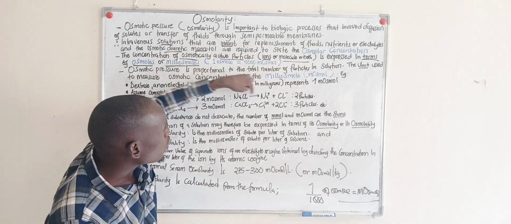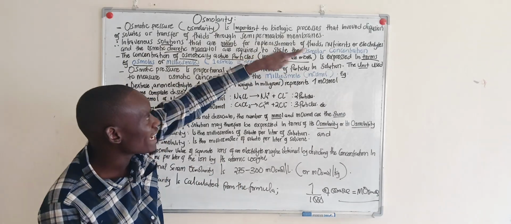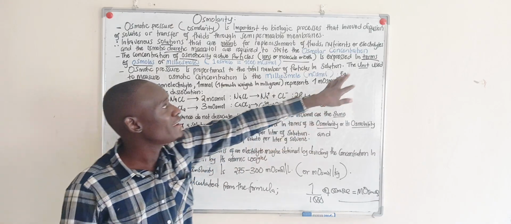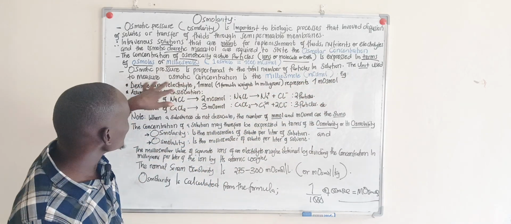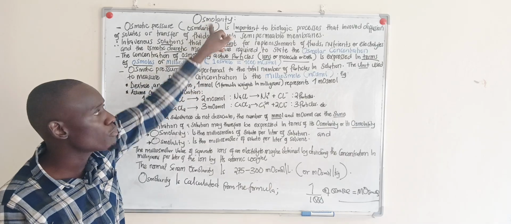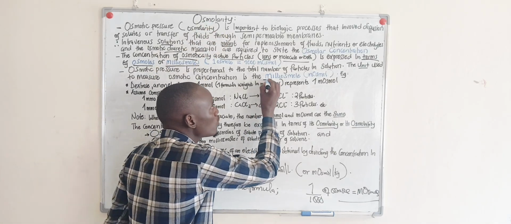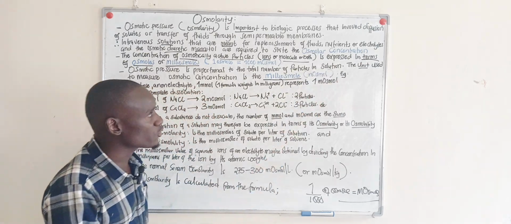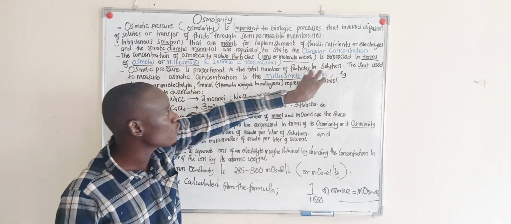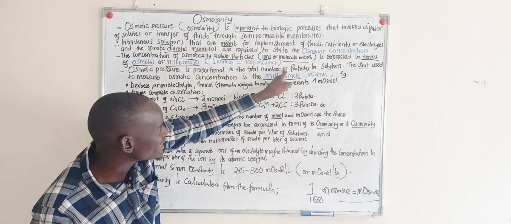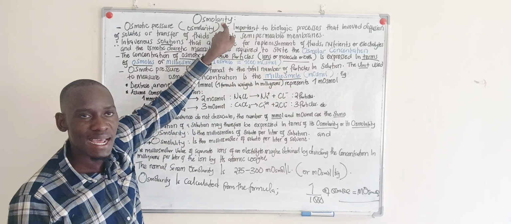So, osmolarity depends entirely on the number of particles in that solution. And the unit that is mostly used to measure osmotic concentration or osmolarity is what we call milliosmoles, for short, mOsmol. So every time you see the word mOsmol, we mean milliosmoles. And this is the unit of measure for osmolarity.